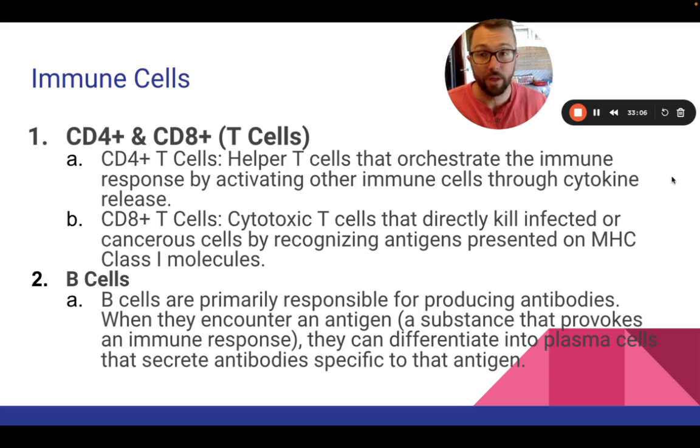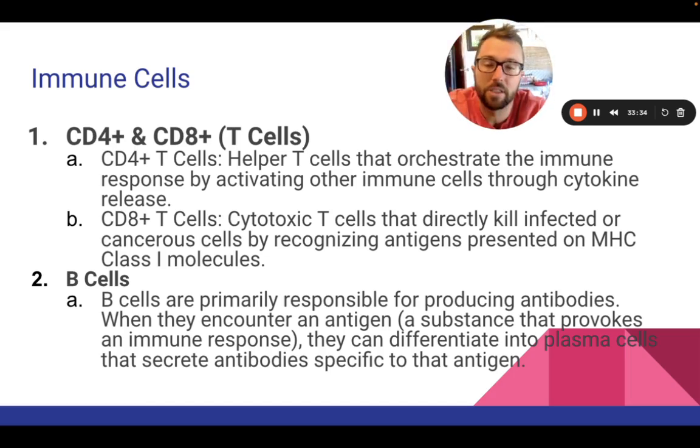Then you've got your immune cells, so CD4 plus and CD8 plus. These are two different factions of T cells. T cells, that series of words gets thrown around a lot in type 1 diabetes research because they play a major role in autoimmunity. Adaptive immunity are some of the primary actors on beta cells when it comes to getting rid of beta cells.